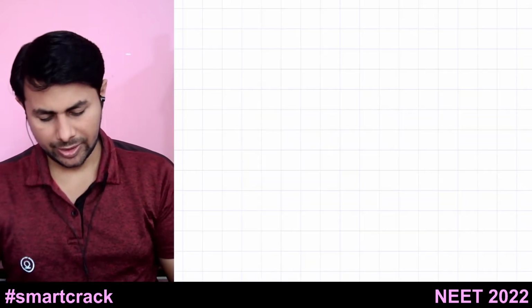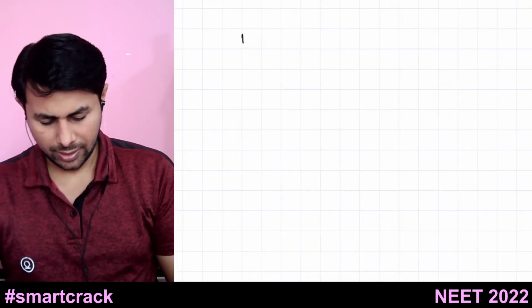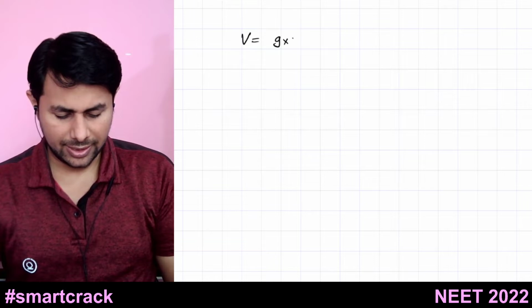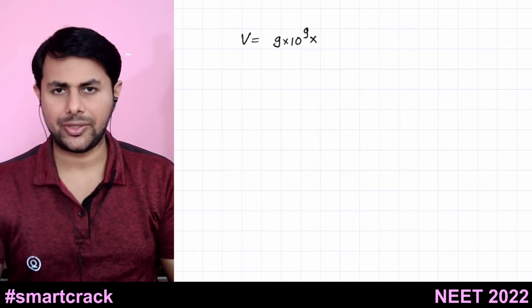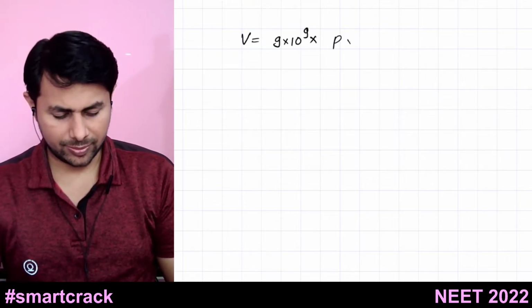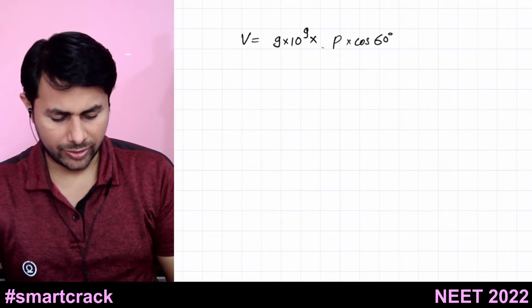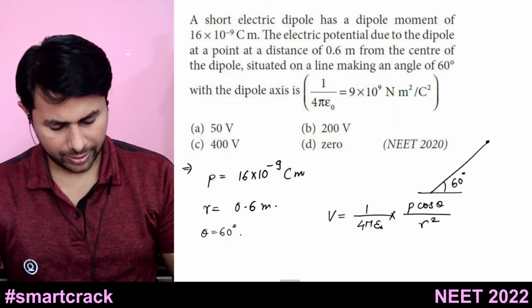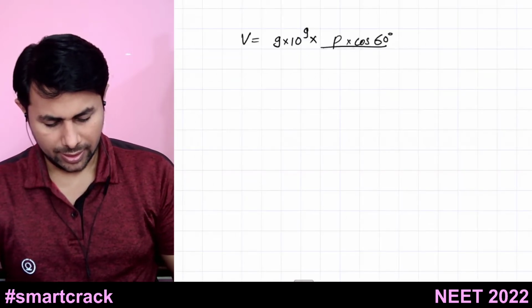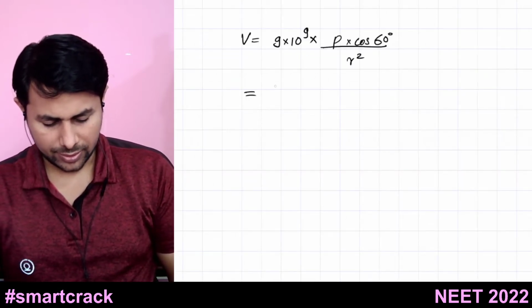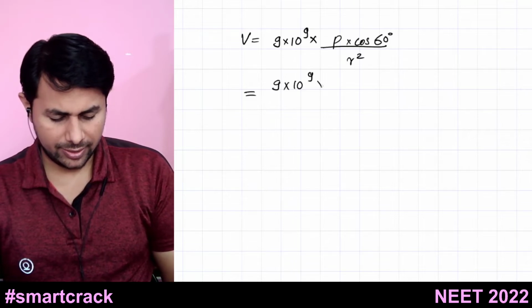We get V equals what? 1 over 4 pi epsilon naught is 9 into 10 raised to 9 multiplied by P cos theta, so P into cos of 60 degrees, upon R square. So it is 9 times 10 raised to 9.